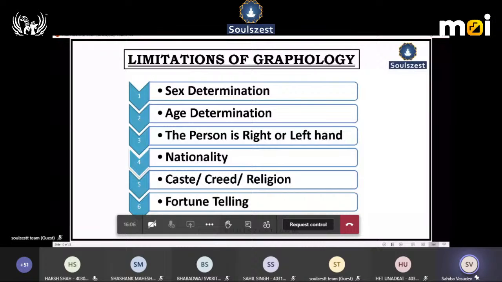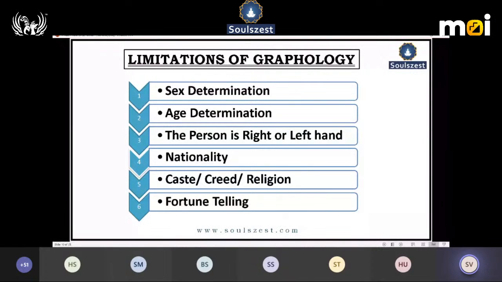But through graphology, we cannot do fortune telling. They study it just to enhance their predictions, so that they are more accurate about the personality but not the fortune telling. Okay, next slide.